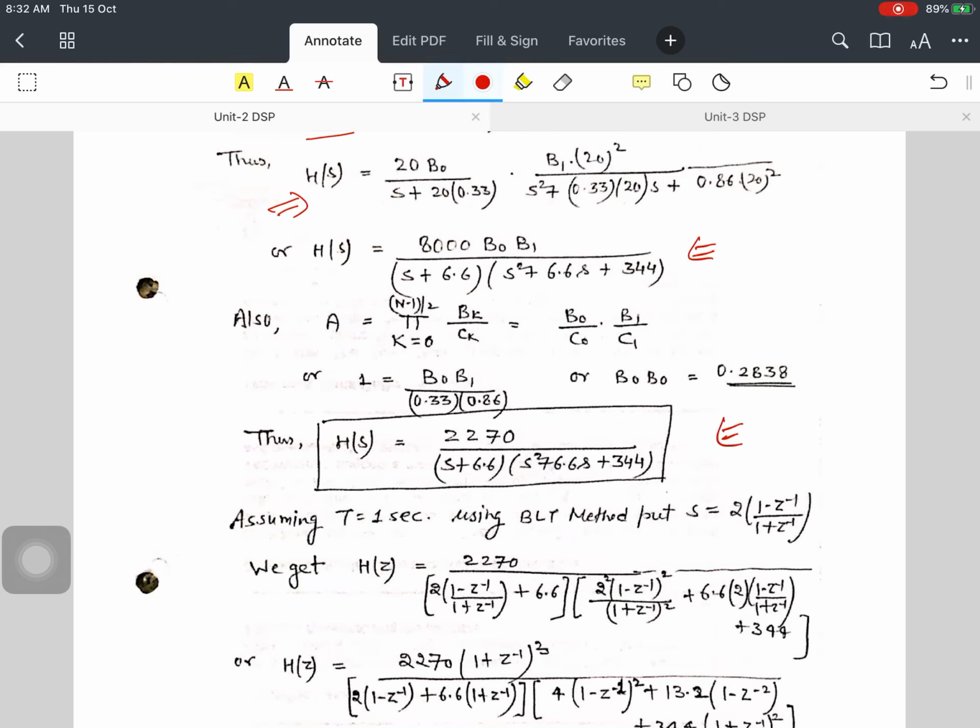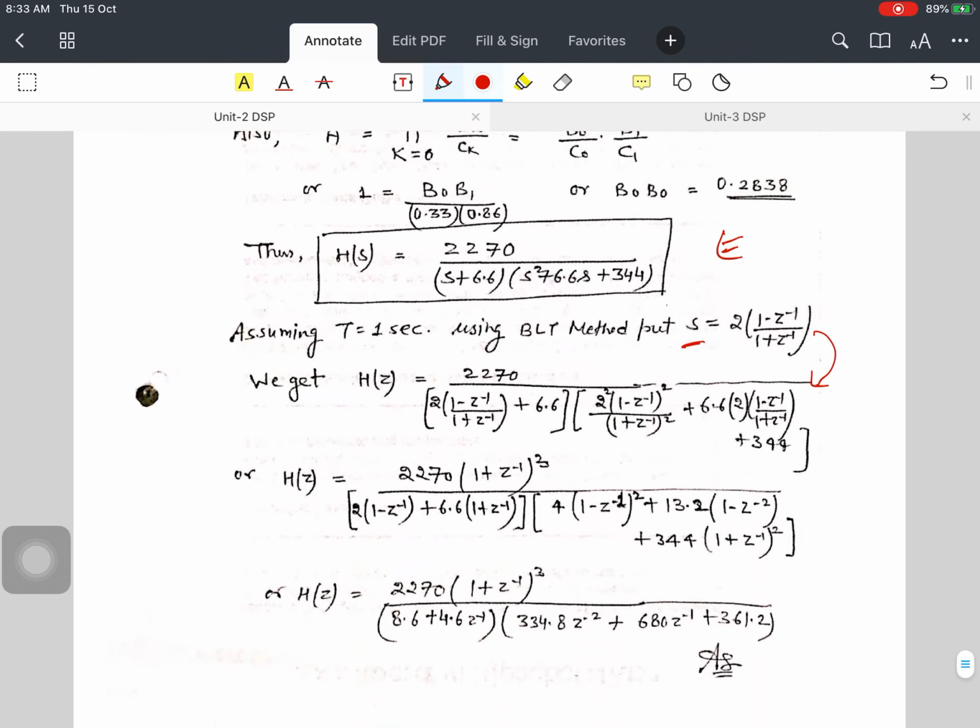For the bilinear transform method, s equal to 2 times (1 minus z inverse) upon (1 plus z inverse). Just put this value in this equation and we can easily calculate the value of H(z). In this way we can design this Chebyshev filter. Now you have to remember we are calculating in the digital form.